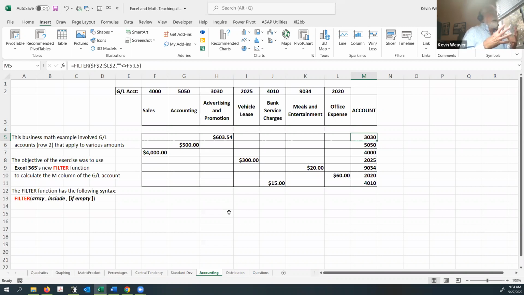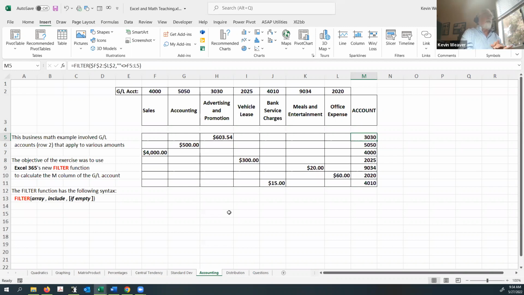And if you think about it, filter says, I want to isolate and analyze and break down my data. So how would I filter it? It's almost like putting the data in the top of a funnel, and then based on criteria, it narrows it down and the answer drips out the bottom.